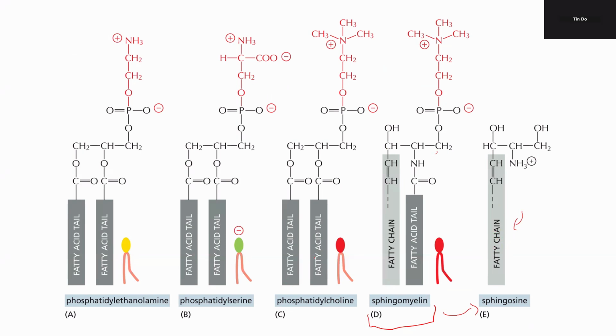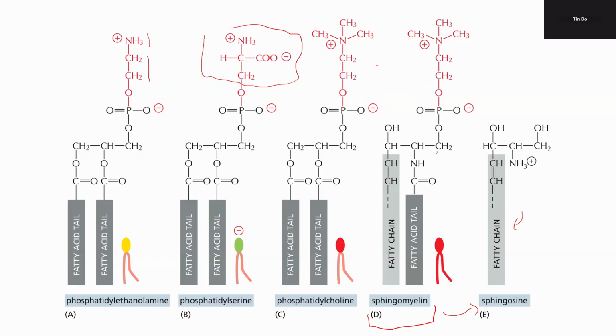Now, how do they get their names? Again, you take a look at the functional group. For those who are in organic chemistry or have taken a nursing chemistry or some sort of biochemistry, you'll recognize these groups where we have an ethane group with an amine group right here. So that's ethanolamine right there. We can also have a serine, which is your amino acid serine right here, bound to that phosphate group.